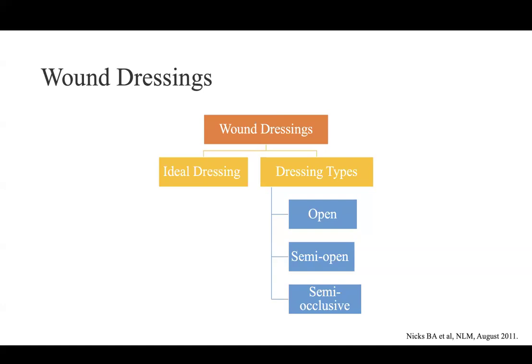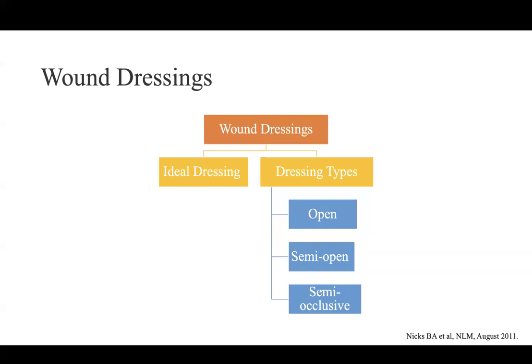Semi-open dressings consist of fine mesh impregnated with paraffin wax or petroleum, in the form of xeroform or Jelonet. In the semi-open dressing, there is a layer of secondary dressing in the form of absorbent gauze, and a third layer, which is an adhesive layer.